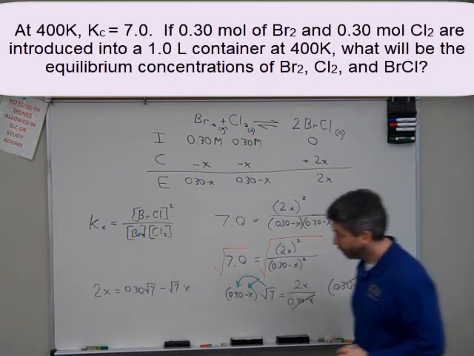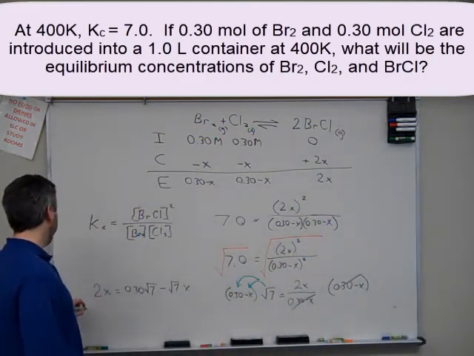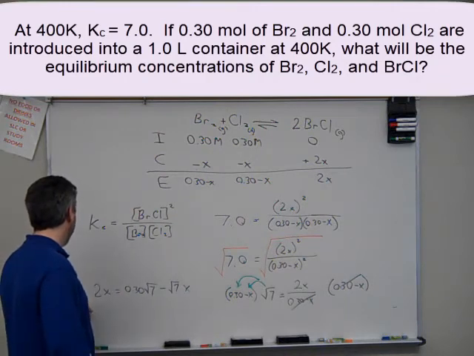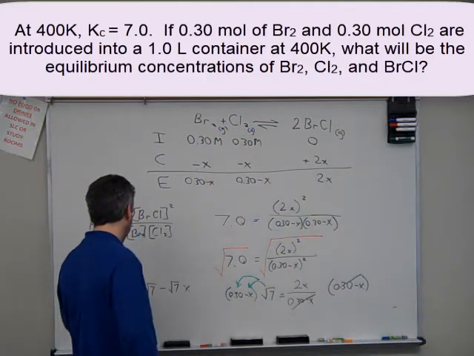Then I'm going to add the square root of 7 times x to both sides, so I get 2 plus the square root of 7 times x equals 0.30 square root of 7.